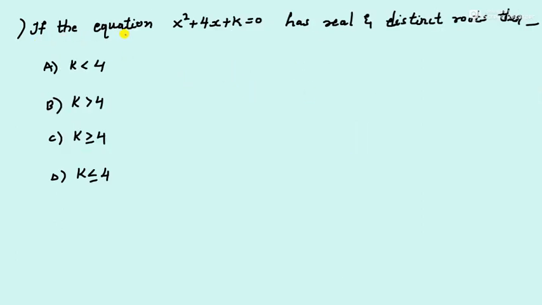Next question, question number 9. If the equation x square plus 4x plus k is 0 has real and distinct roots, then k is which of the following? Real and distinct, so D should be more than 0, right? So when we substitute here, x square plus 4x plus k equals 0, in this, b square minus 4ac. What is b?